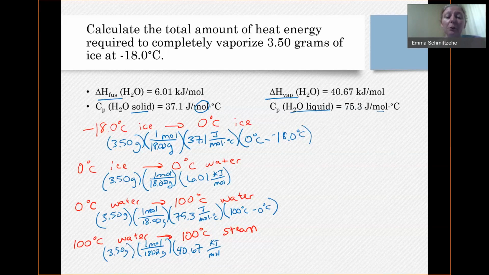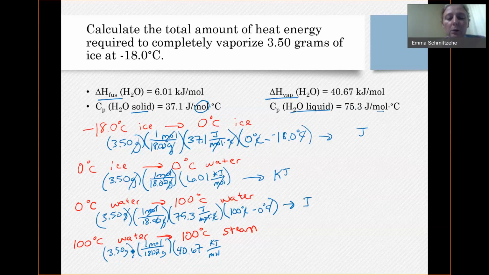You've got to be careful and pay attention to the units. Here grams cancels, moles cancels, degrees C cancels, and so you come out in joules. And then this next one, grams cancels, moles cancels, but you come out in kilojoules for that step. The next one, grams cancels, moles cancels, degrees C cancels, and it comes out in joules.